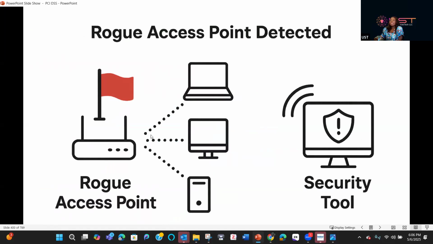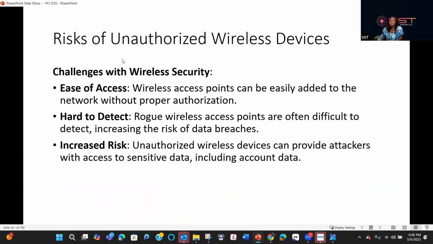And this gives us a typical example of what we discussed about a rogue access point being detected. Once it's been detected, make sure that it's being corrected as well, right? So, the risks of unauthorized wireless devices. One, ease of access. Wireless access points can easily be added to a network without proper authorization. That's very possible.